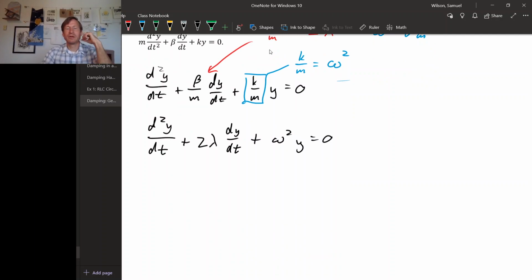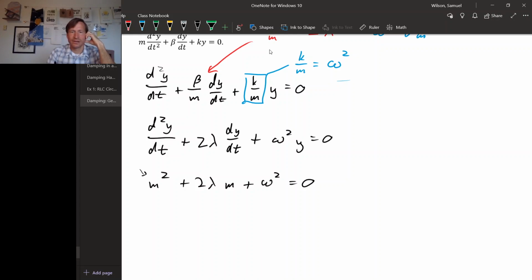Okay, now when we write down the characteristic equation, we get m squared, and be careful, this is not mass, this m is just the variable for our characteristic equation, m squared plus 2 lambda m plus omega squared equals 0.